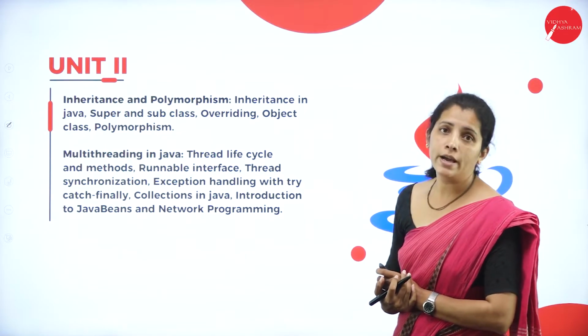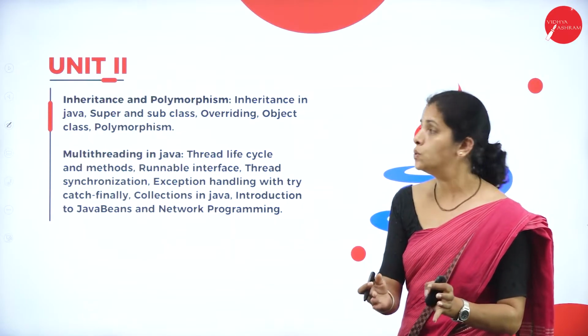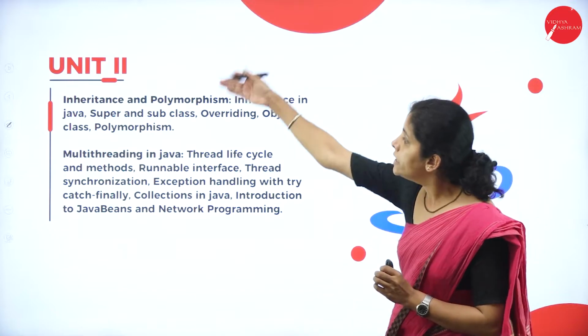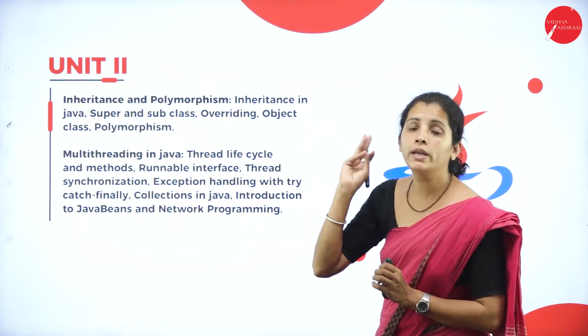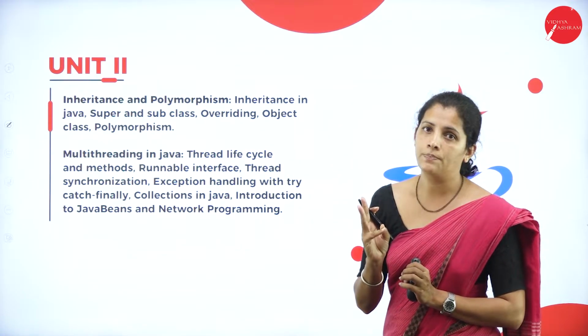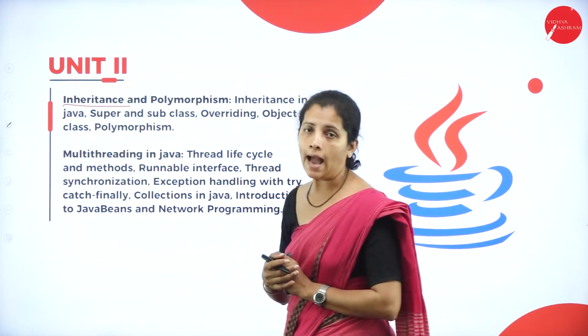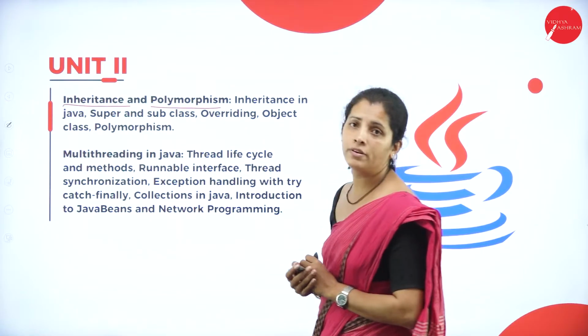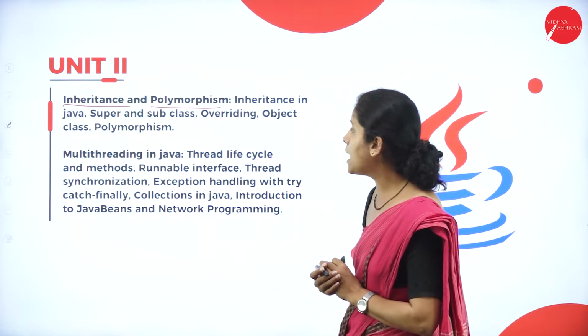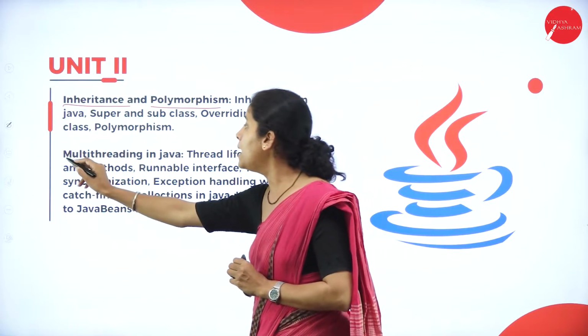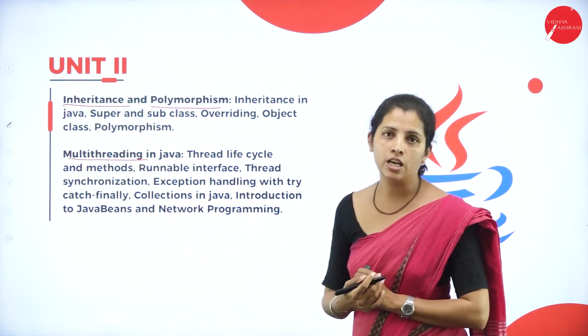Now, if I go with unit 2, dear students, here also we are going to get 2 chapters. One is inheritance as well as polymorphism. And the next chapter here is multi-threading in Java.